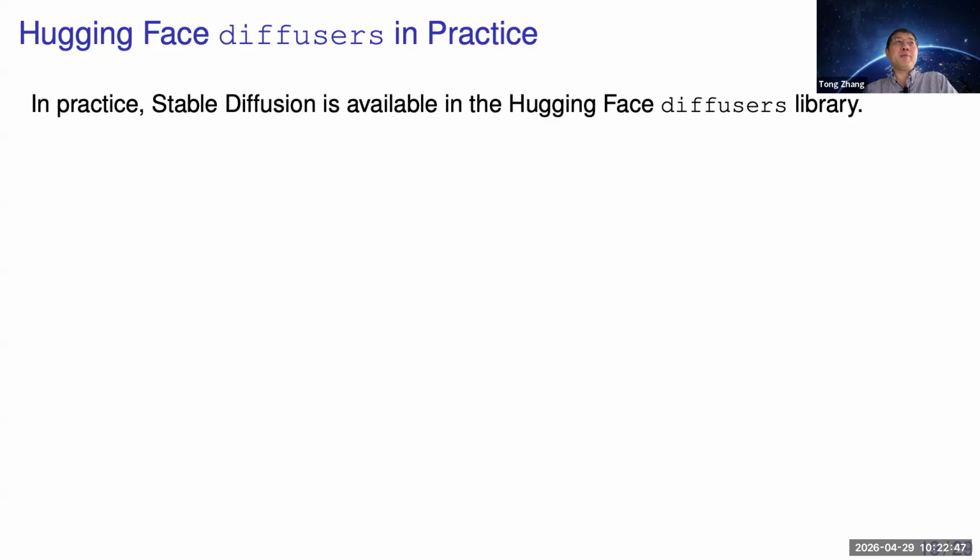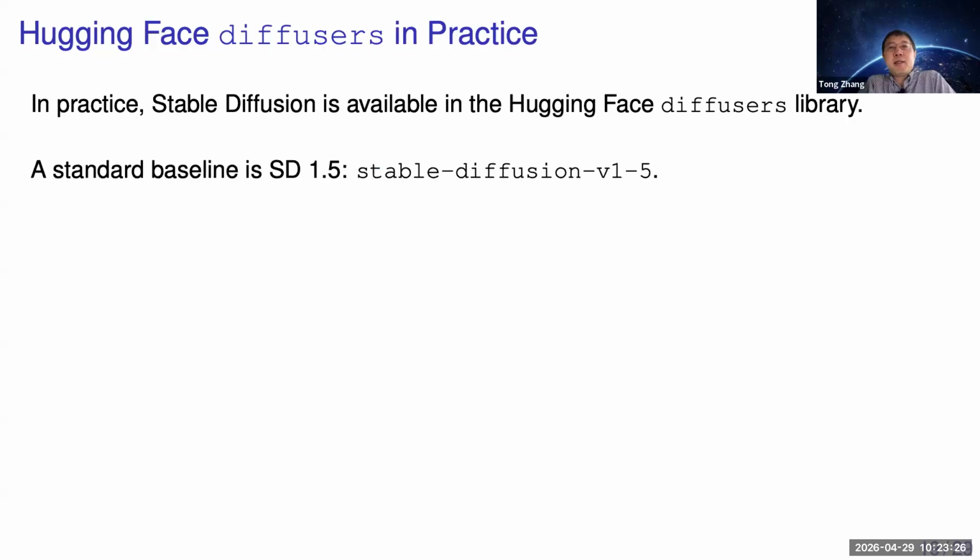The original implementation was done by the researchers who did the latent diffusion paper, and then later on they evolved from there. Hugging Face integrated that. Because everybody uses Hugging Face for transformers, it's convenient to use it for diffusers as well. So you can do stable diffusion without Hugging Face; they just incorporated it into their library.